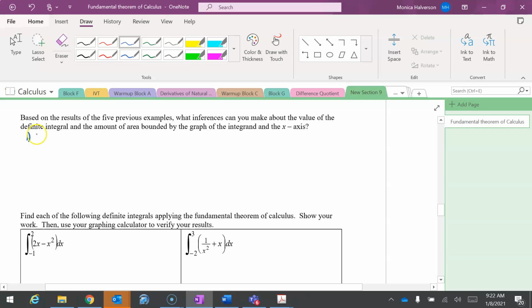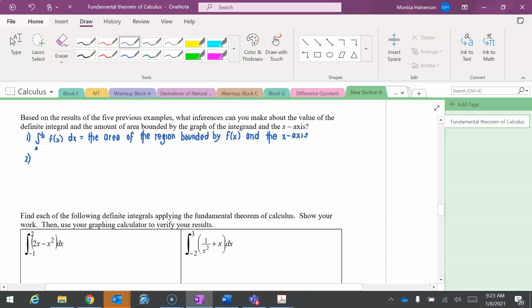The first thing is, as we defined in last class, the value of the definite integral is equal to the area of the region bounded by the function and the x-axis. Okay?